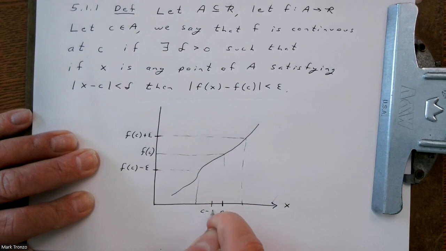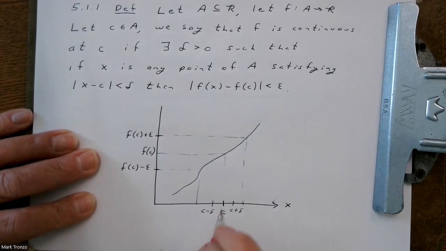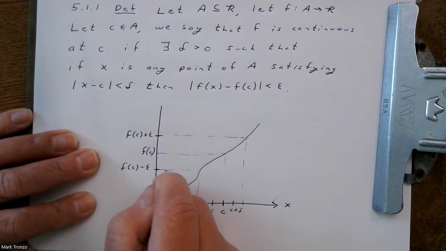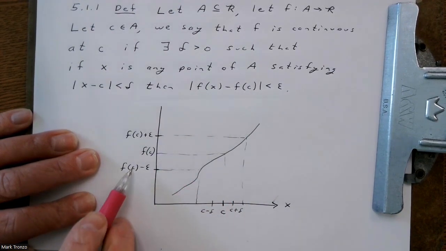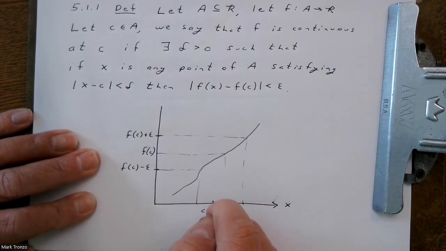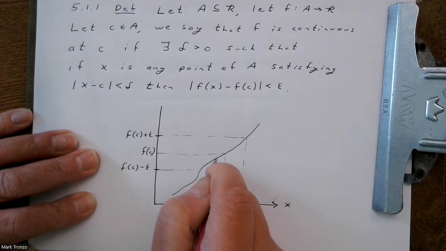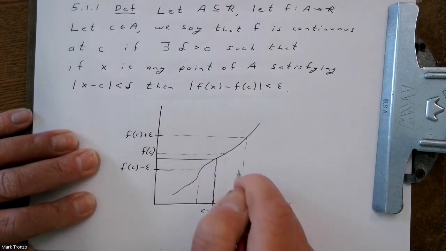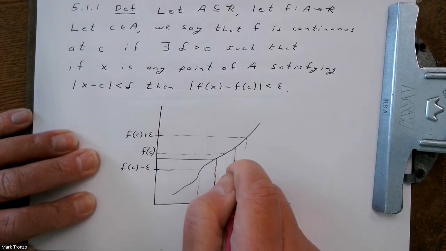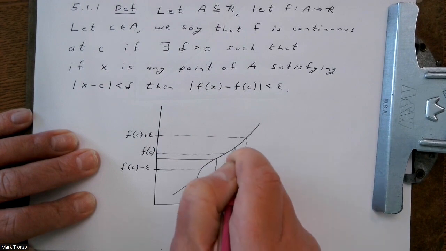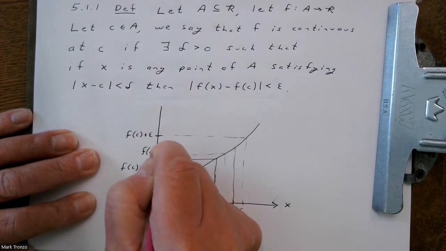We go c minus delta, c plus delta. And so you're saying that you can map within this range, and you can always find the delta here that will map into here.